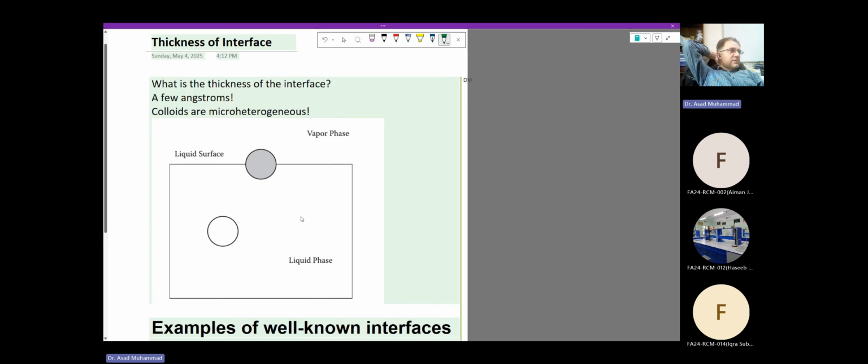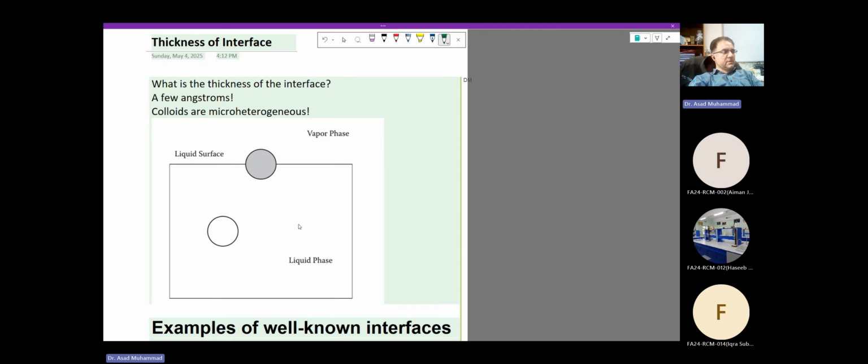Okay, so the question is, what is the thickness of the interface? We just saw that the thickness of the interface is a few angstroms. Colloids are micro-heterogeneous. Here we see a vapor phase over here and a liquid phase over here.